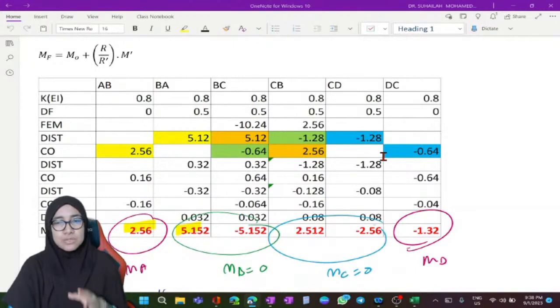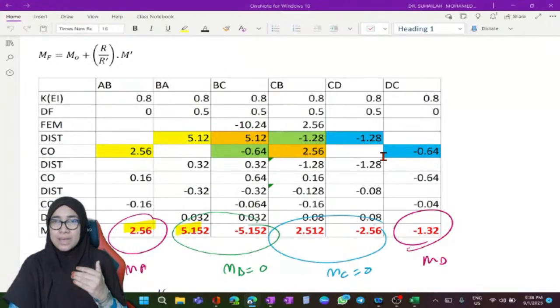So what we actually do when we move to part 2 of the analysis, in analyzing the frame due to delta, is that we analyze based on an FEM assumption. By using the FEM formula, we will find the FEM for the other members, because it will be based on the ratio.